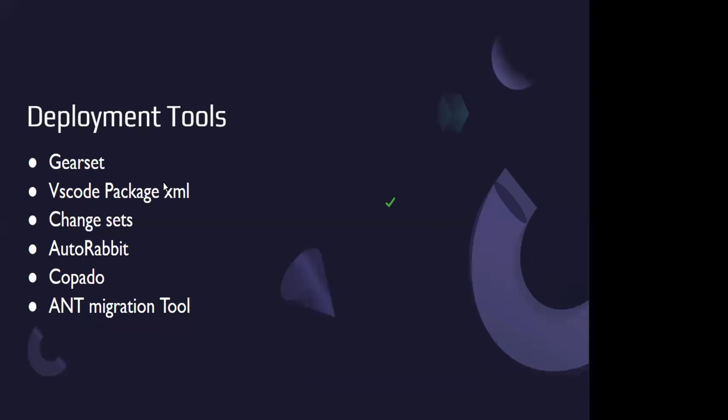And there are other tools like Copado, AutoRabbit, and Gearset. Today, Salesforce also provides a DevOps Center, which integrates development, deployment, and the version control system. Today, we are focusing more on Gearset deployments and VS Code package.xml, and how we deploy components from one org to the other org.